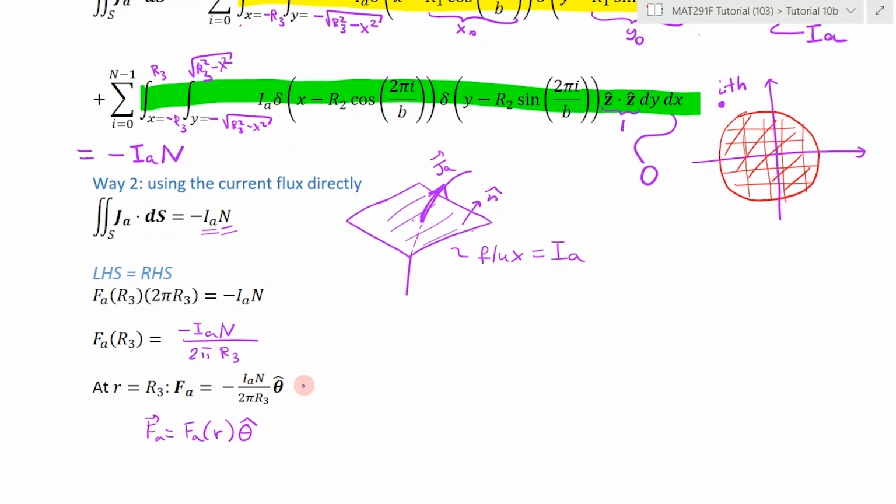And remember, this is valid only on the xy plane. Okay, so this is FA. Next step is to find FB.